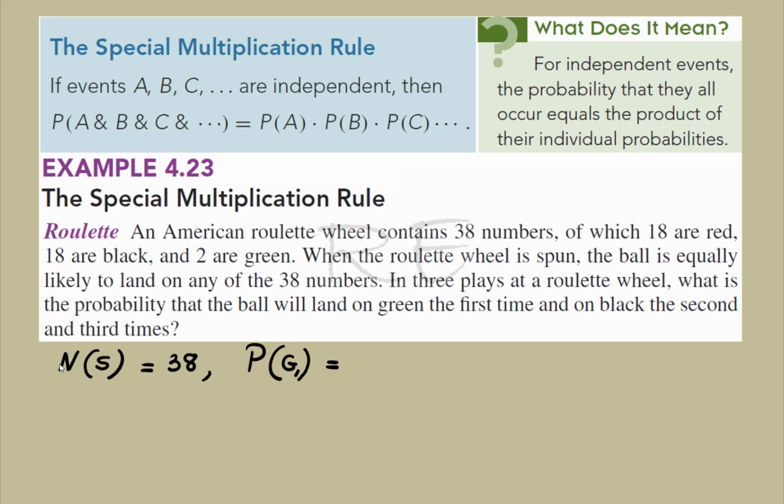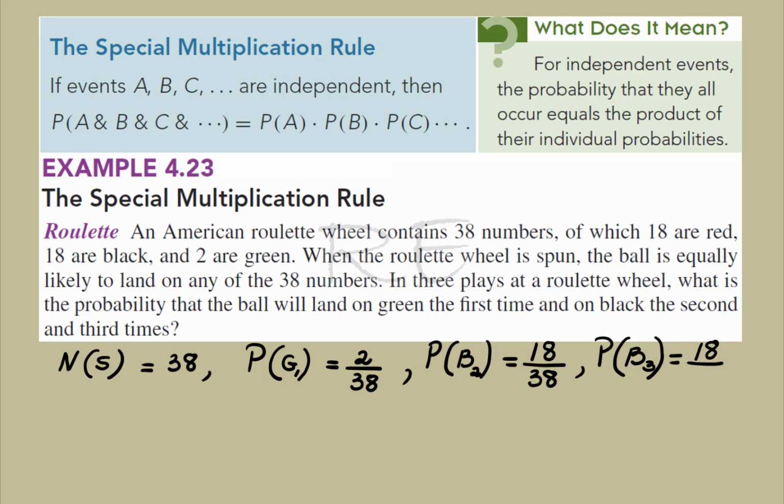The probability of G1, the probability of getting a green as the first number, is 2 green over 38 numbers. The probability of getting black as the second number, how many blacks do we have? We have 18 blacks. So it's 18 over 38. And the probability of getting black the third time is 18 over 38.